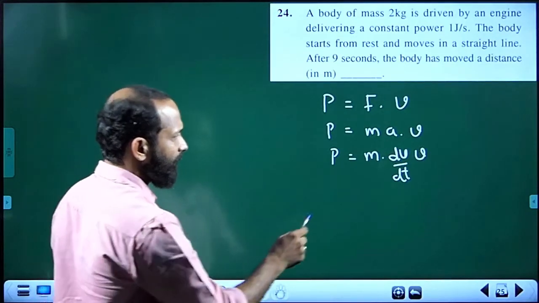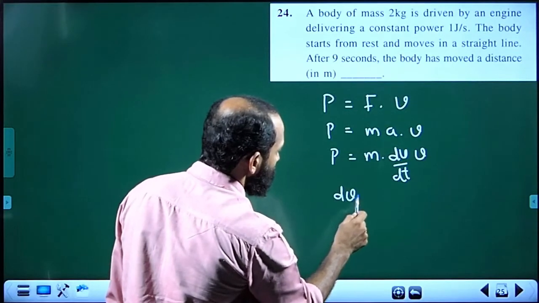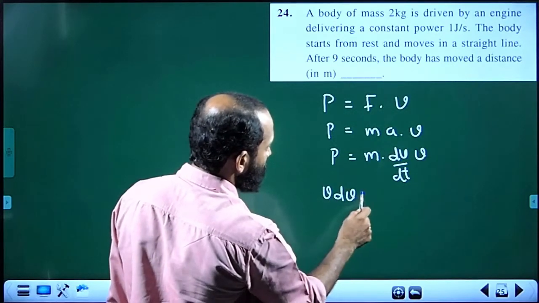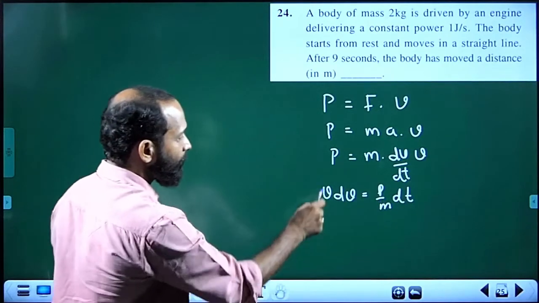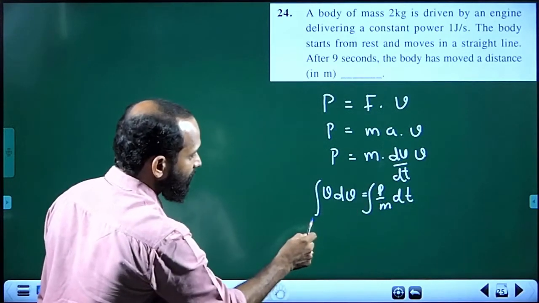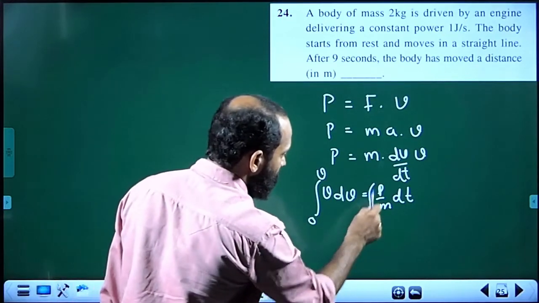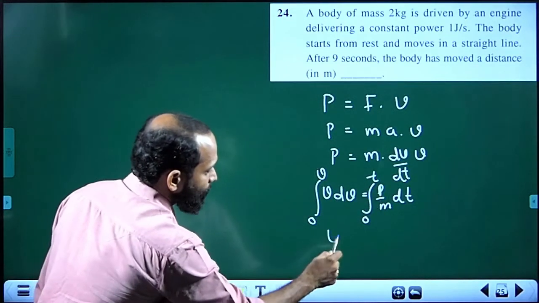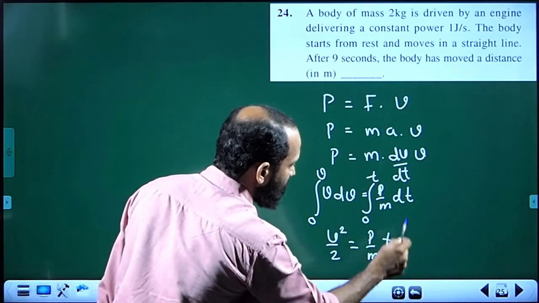From this we can get the variables separated, that is v dv is equal to P by m dt. Now it is ready to integrate. Integrate on both sides between the limits 0 and v for velocity, 0 and t for time. That is v square by 2 is equal to P by m t.